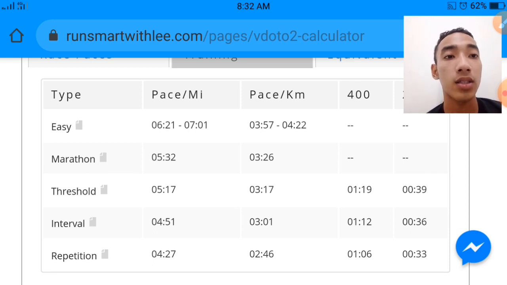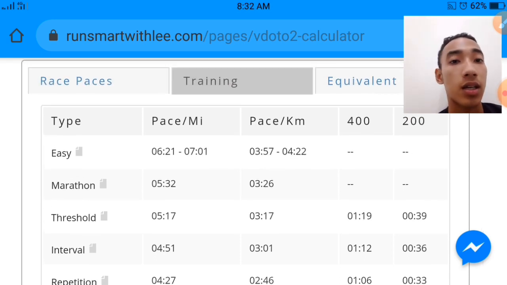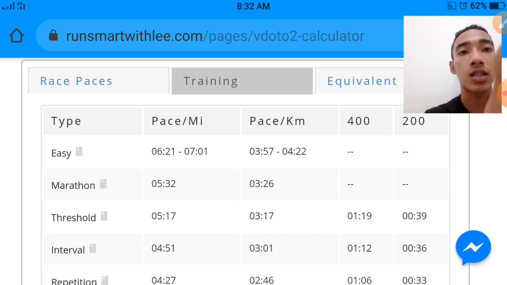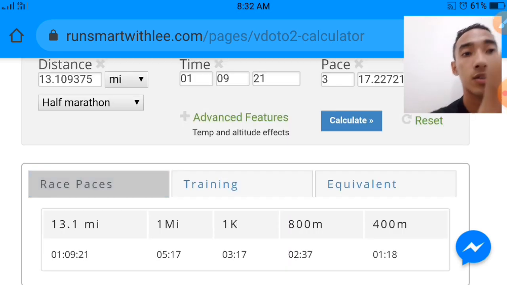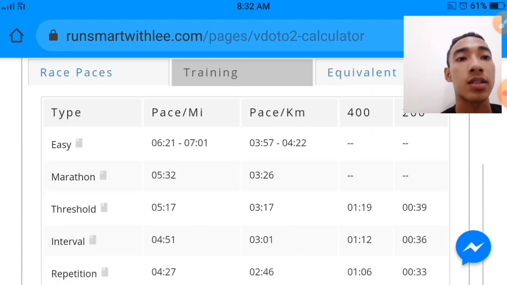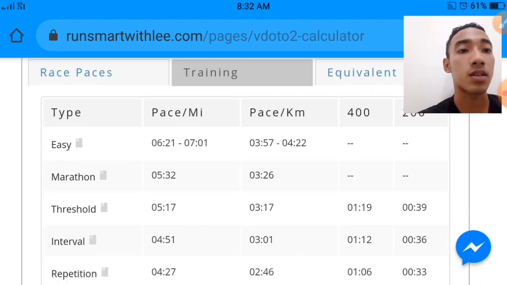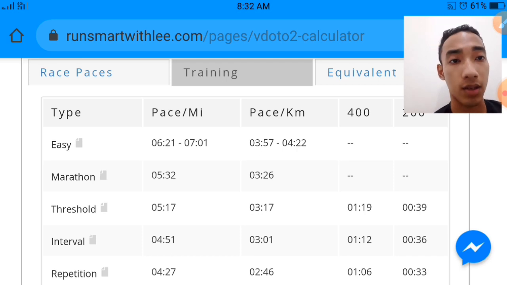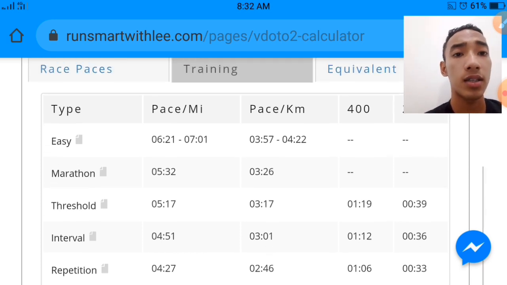My threshold pace is 3:17. It is an hour race pace, so you can see my half marathon race pace is 3:17, and my threshold pace is the same. My interval pace is 1:12 per 400 meters, and my repetition pace is 1:06 per 400 meters.